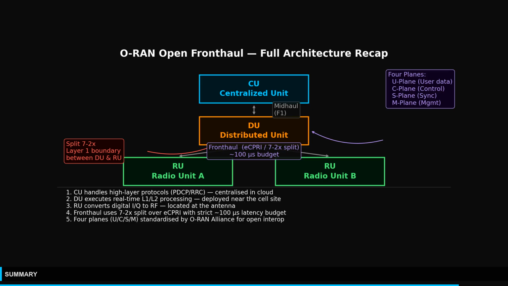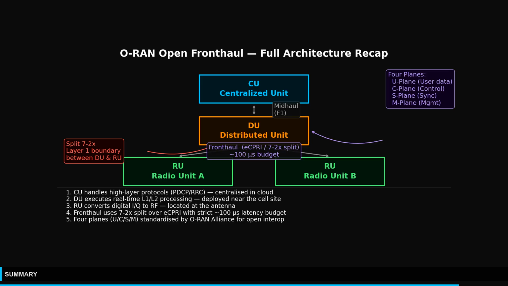That choice lets fronthaul bandwidth scale with traffic load instead of being fixed like old CPRI. Across that interface run 4 planes: user, control, sync, and management, all over eCPRI on Ethernet, with a roughly 100 microsecond latency budget and hard timing requirements.